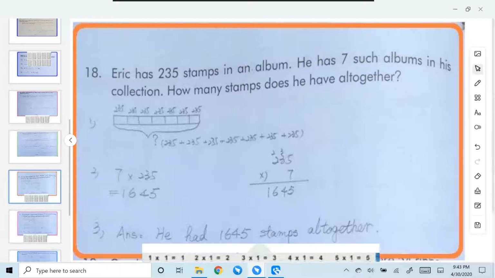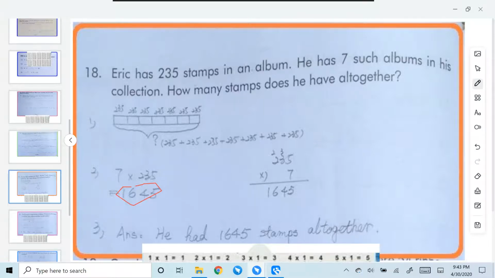Now, don't worry about the answer here yet. We just do a calculation here first. Work out from here first.